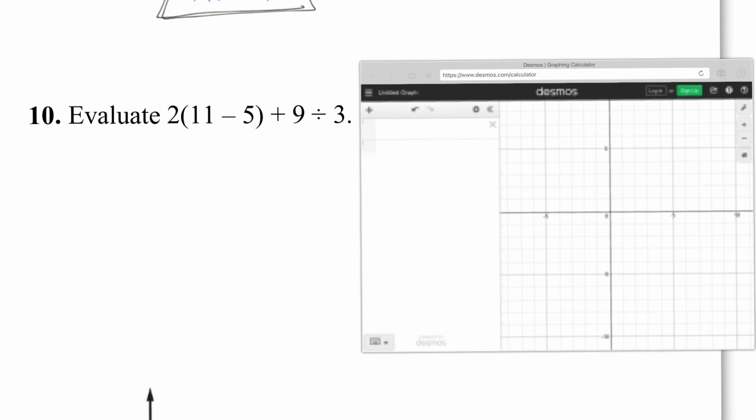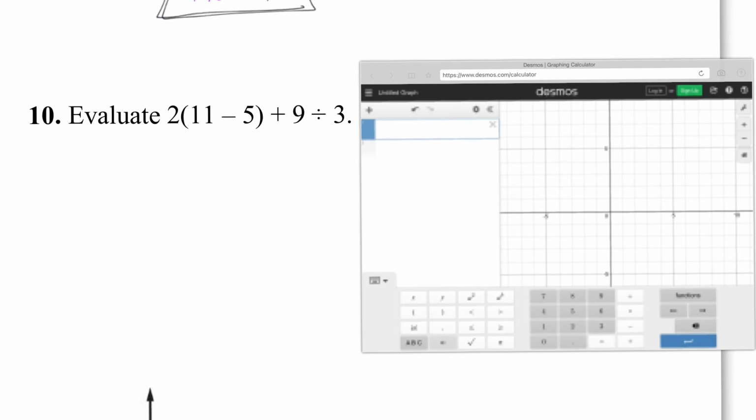By using Desmos, you guys can put everything in there and it will give you the answer. So we have the parentheses 11 minus 5, and then you close the parentheses, and after the parentheses we have the plus 9, and we are dividing by 3. So 9 divided by 3. So the answer is 15.